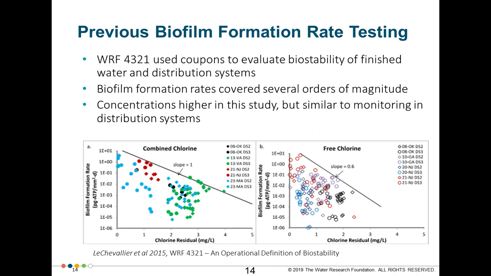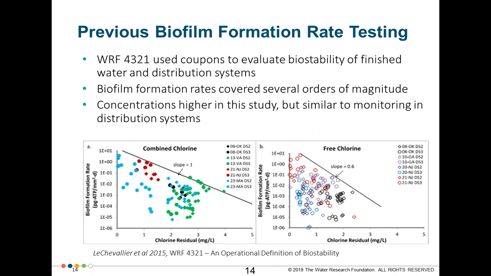And we included an evaluation of the biofilm formation rate at the point of entry in the distribution system, as well as various locations with shorter and longer hydraulic residence times throughout the distribution system. So we could see how varying chlorine residual concentrations at the point of entry of the distribution system versus throughout the distribution system impacted the growth of bacteria on these coupons.